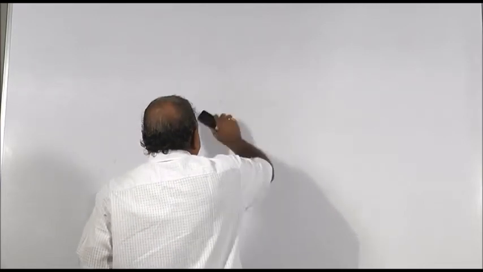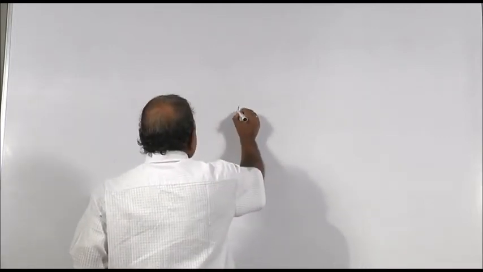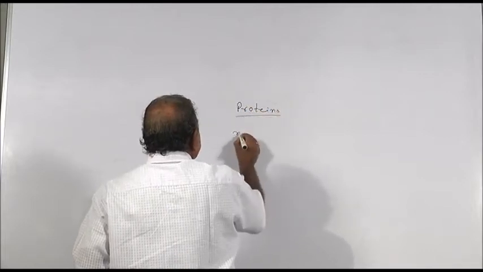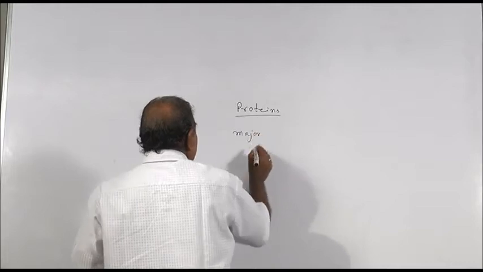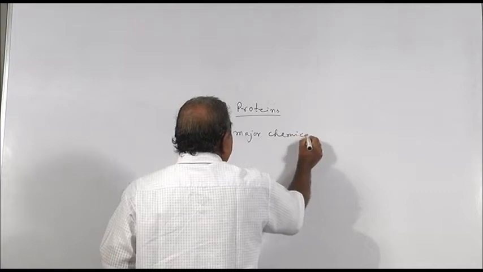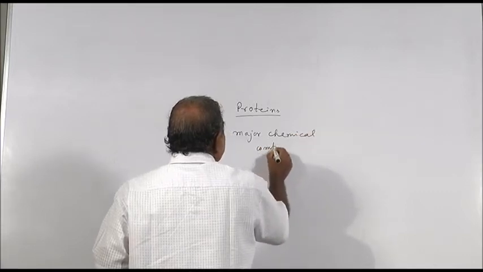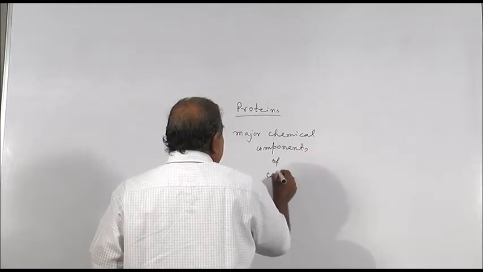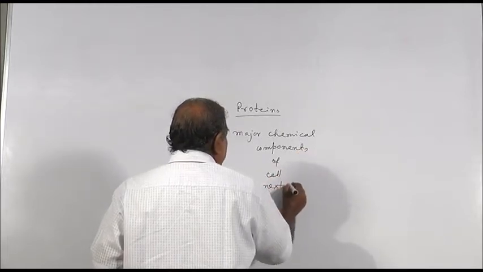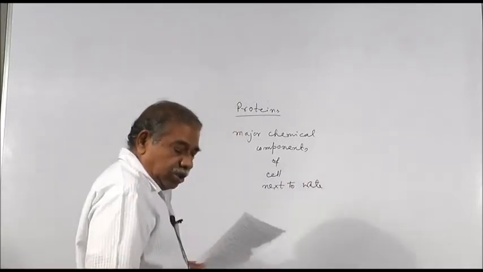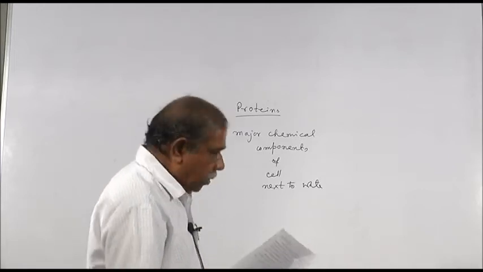Protein forms the major chemical component of the cell, next to water. The main constituent of the cell is your protein.